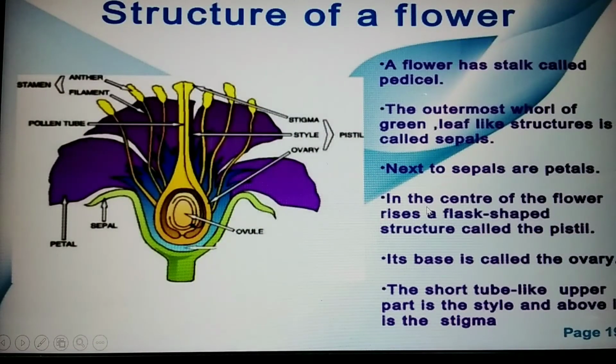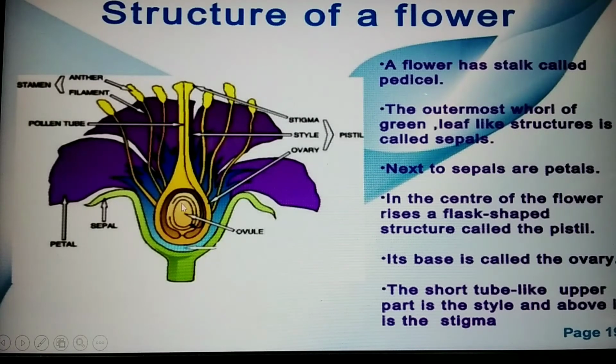The innermost whorl of the flower is the pistil. It is flask shaped, and is the female reproductive part of the flower. The pistil consists of three parts: the stigma, the style, and the bottom of the style is the ovary.